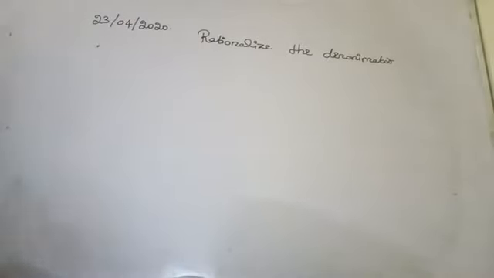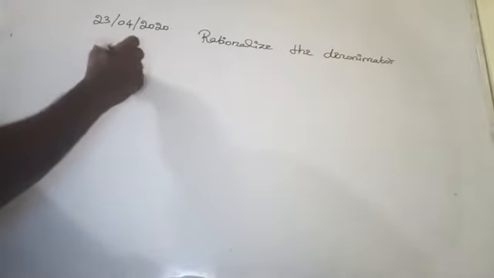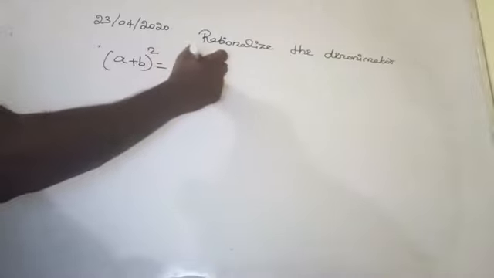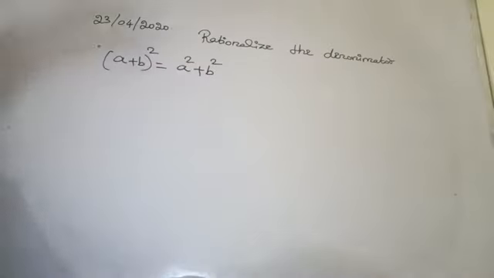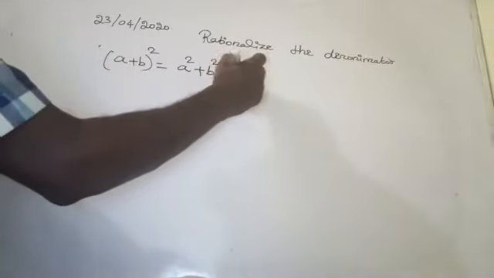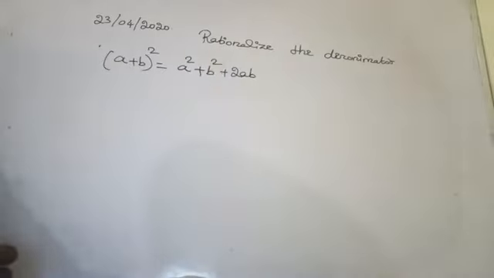Before that, I would like to recap the algebraic identities. A plus b the whole square: already we learned this in class 8. A plus b the whole square is nothing but a square plus b square plus 2ab. Am I right here?